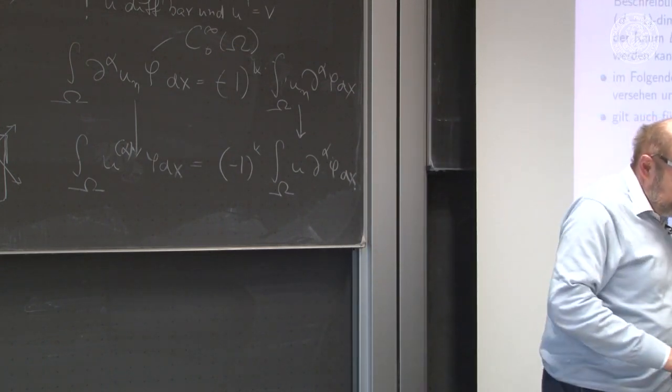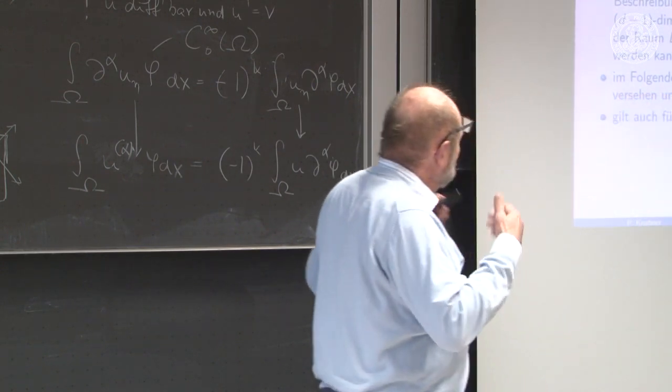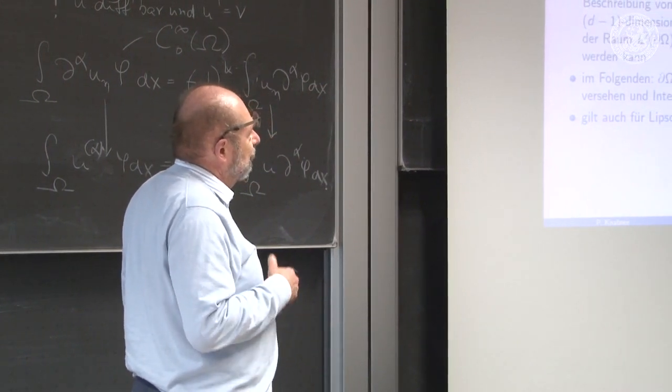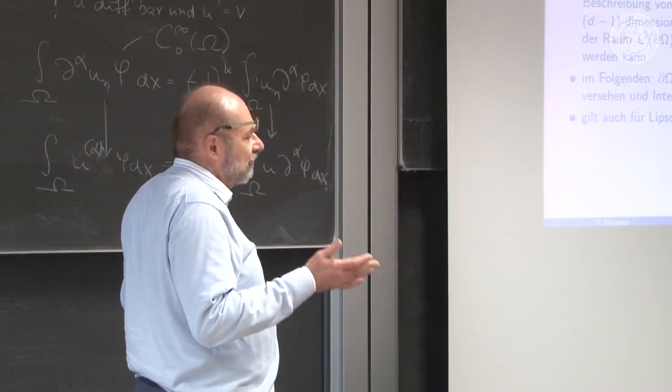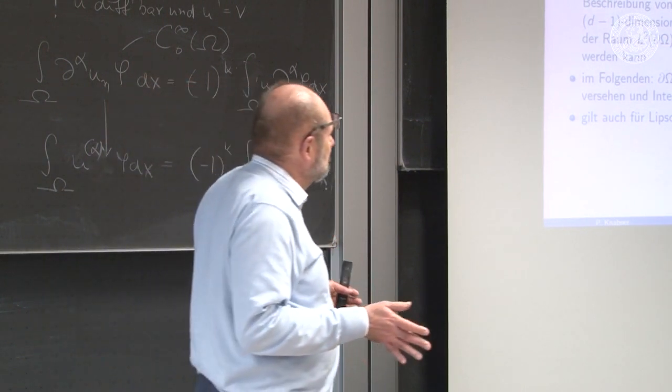Okay, so in the following we have a Lipschitz domain. And as I said already, due to the compactness of the boundary, it's sufficient to work with finitely many of these mappings, of these coordinate systems.